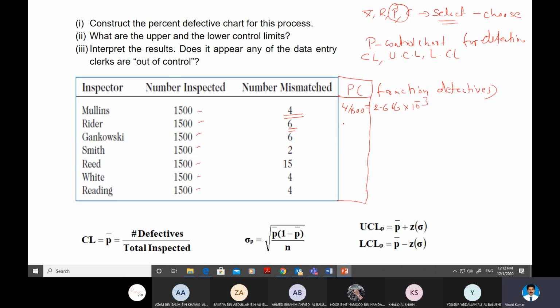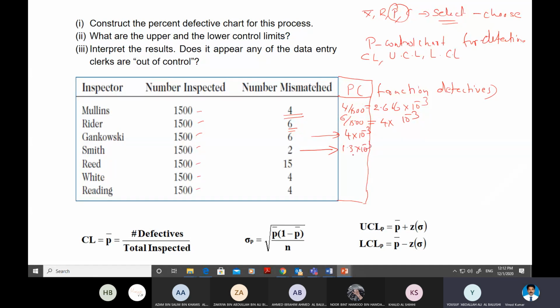Do you have a calculator? So number of defectives, 4, divided by number inspected, 4 by 1,500. Next is 6 by 1,500. You have to use the calculator. Please use it and tell me the values from the next one onwards. P means fraction defectives, ratio. What about 2 by 1,500? 1.3 times 10 to the power minus 3.